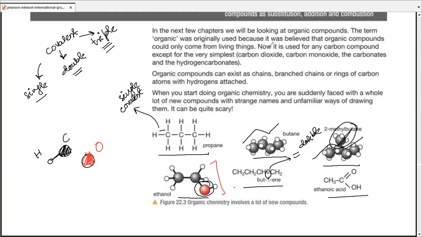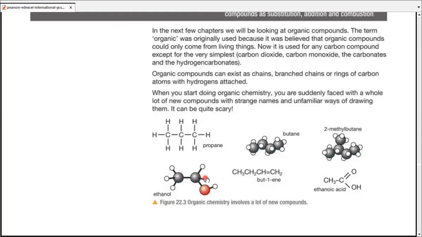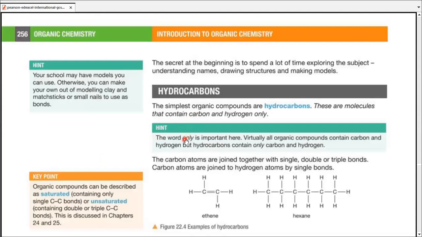Now, moving on, we're going to draw them, name them, and learn all the ways to understand organic compounds better. Starting with the simplest organic compounds, which are known as hydrocarbons. As the name suggests, they consist of hydrogen and carbon, and that's how we define them. These are the molecules which only contain carbon and hydrogen, and no third element would be there.